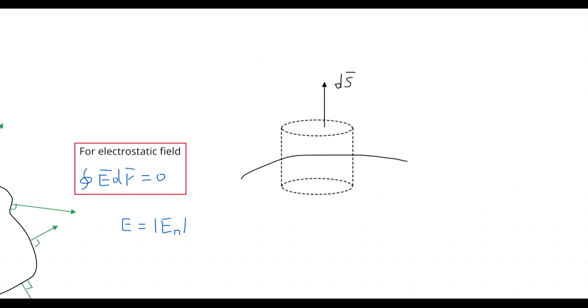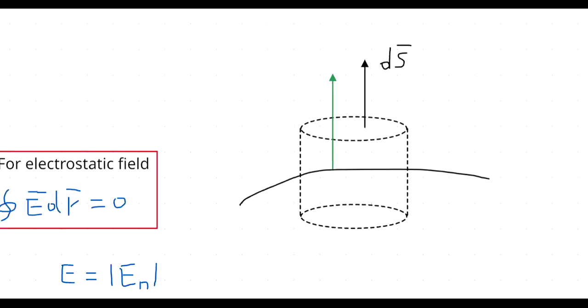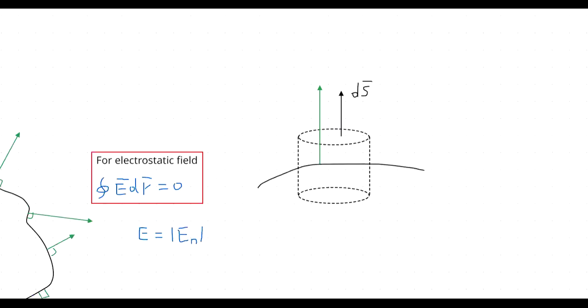And for the electrostatic field on the surface of conductor, we have that the vector of electric displacement has the same direction as dS, because here we have the right angle.